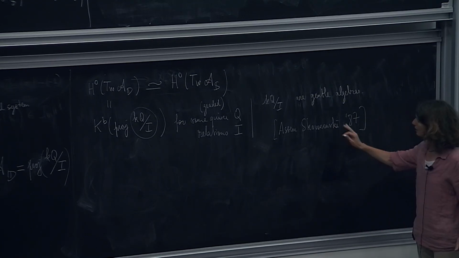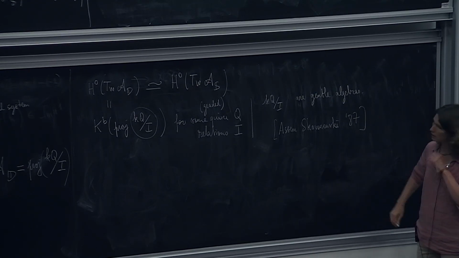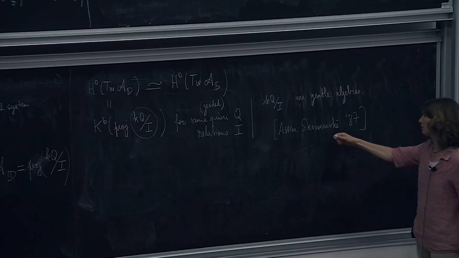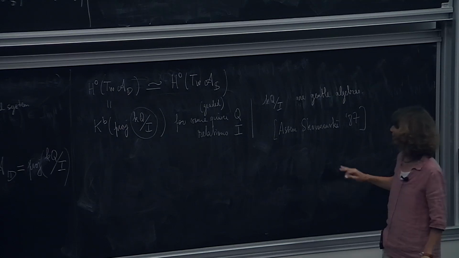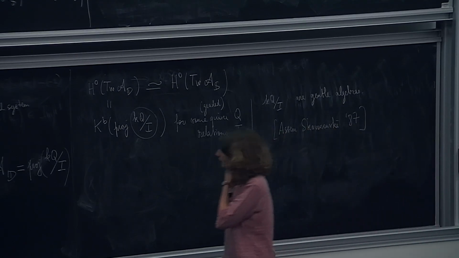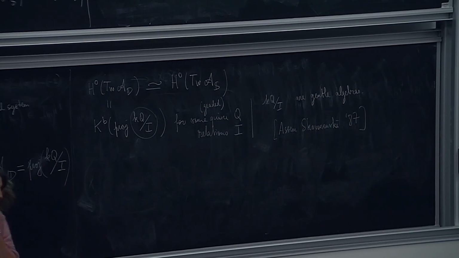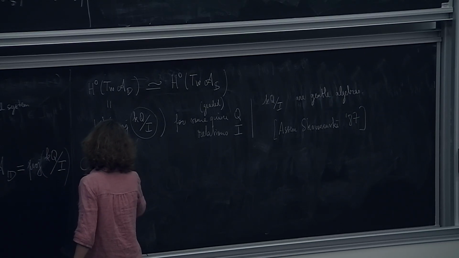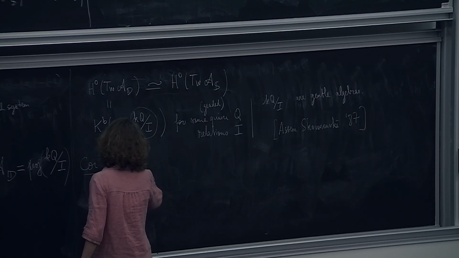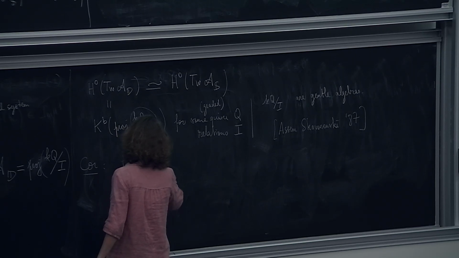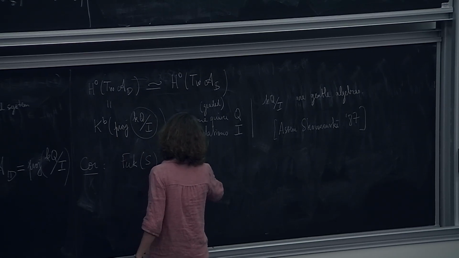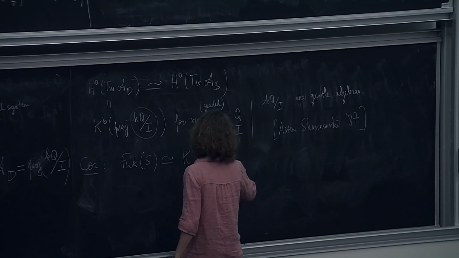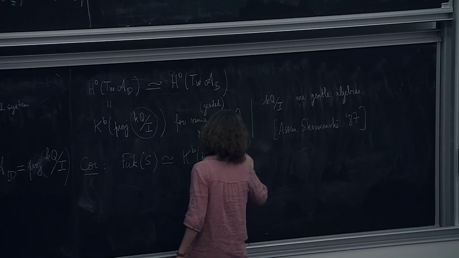Lots of things are known in representation theory about these algebras, their derived categories, their module categories, and so on. Then the corollary is that this Fukaya category of S is the derived category of some gentle algebra.